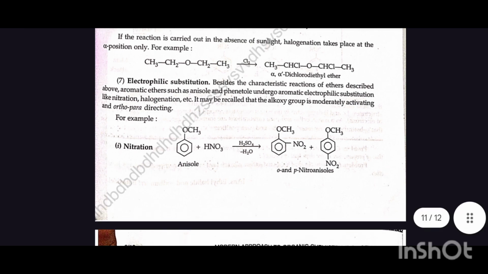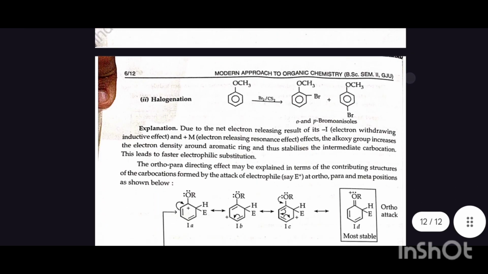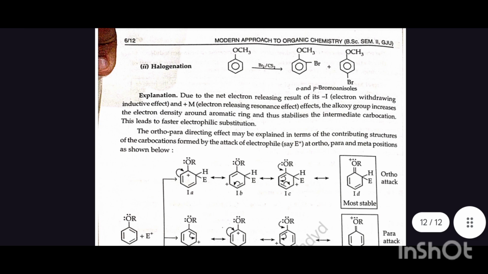For example, first nitration: anisole plus HNO3 in the presence of H2SO4, with removal of an H2O molecule, gives ortho and para nitroanisole. Second, halogenation: anisole in the presence of Br2 and FeBr3 gives ortho and para bromoanisoles.